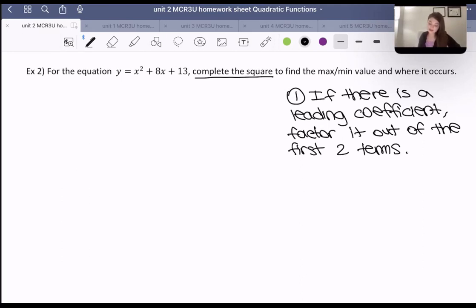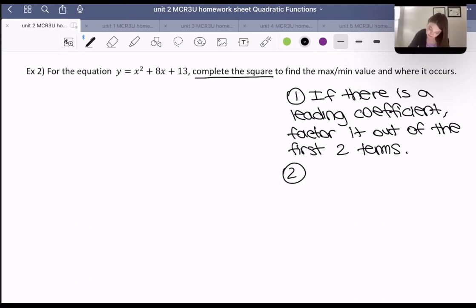Now, in this case, there is no leading coefficient, well, other than 1, so we actually can skip this step. We won't do it this time, but I did want to put it as one of the steps because it is crucial if there is a leading coefficient to check for that first. So in this case, don't worry about it. Sometimes it'll occur, though.